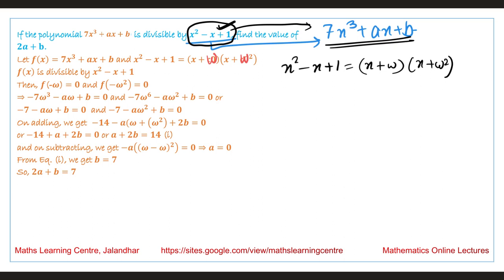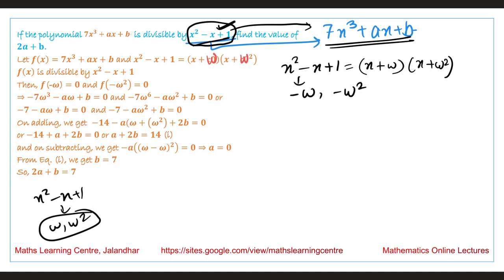We know this result. Otherwise you have to solve this quadratic equation and find the roots in terms of omega and omega square. So the roots of this equation are minus omega and minus omega square. Now these roots should satisfy this equation.